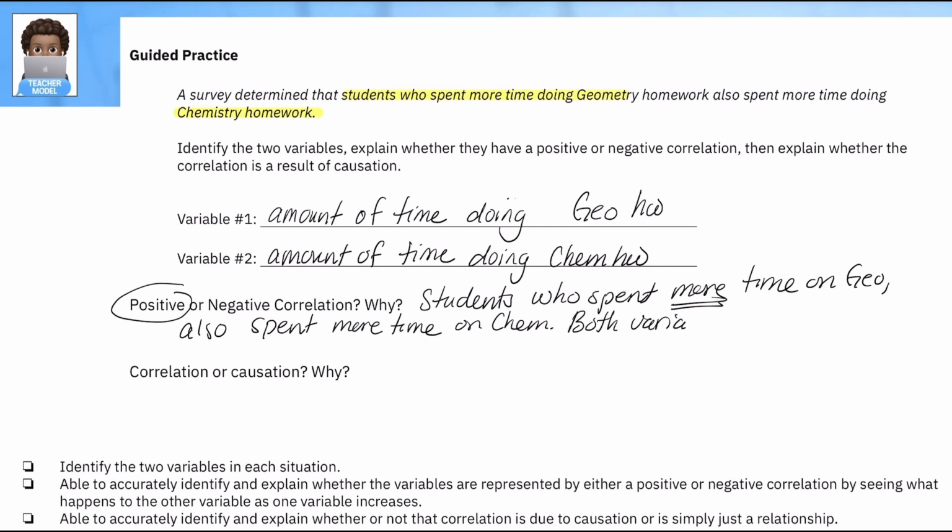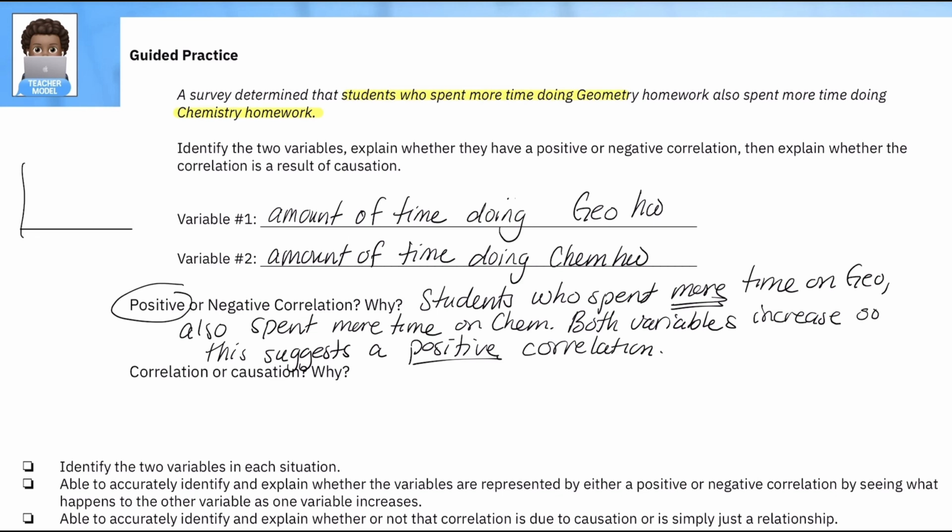Both variables increase. So this suggests a positive correlation. Right, and remember when we talked about it on a graph, it just literally meant that as one was increasing, so was the other. So that's what we're seeing. So if we're looking at geometry and chem and the amount of time, as one increases, so does the other.